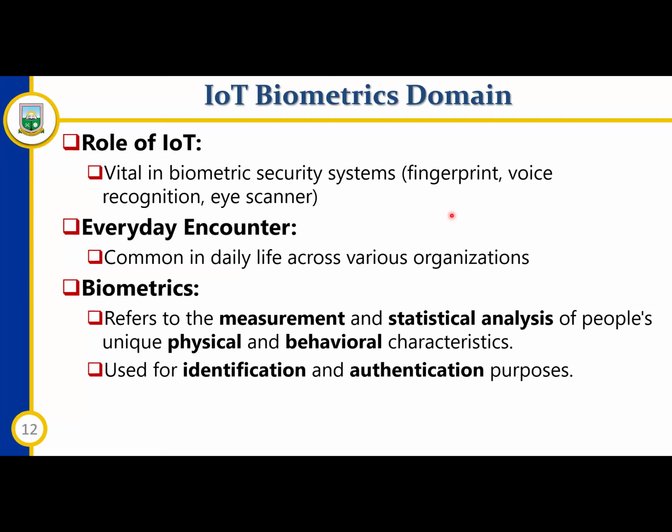Whenever you hear of biometric, it is not only your fingerprints. Anytime you hear of biometrics, remember that there are two main types of biometrics. The first is the physical biometric, and the second is the behavioral biometric.